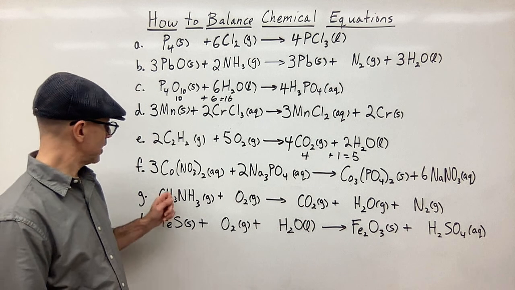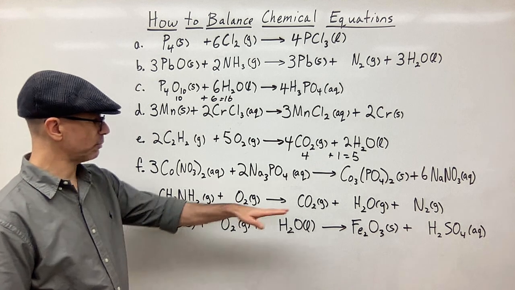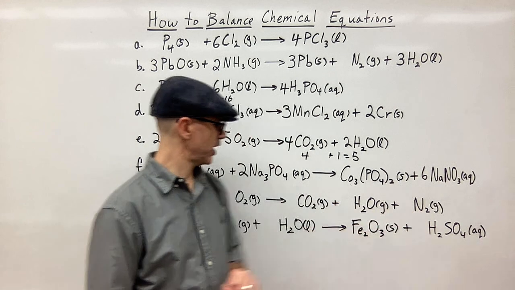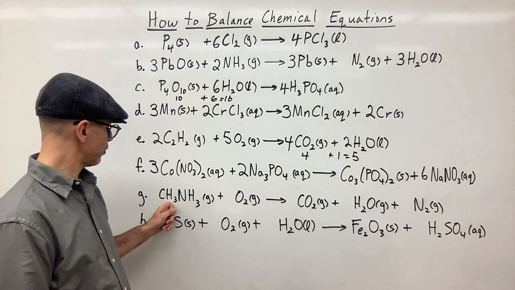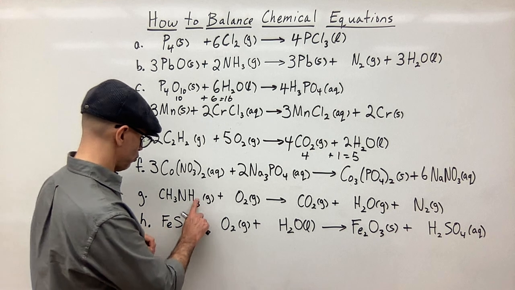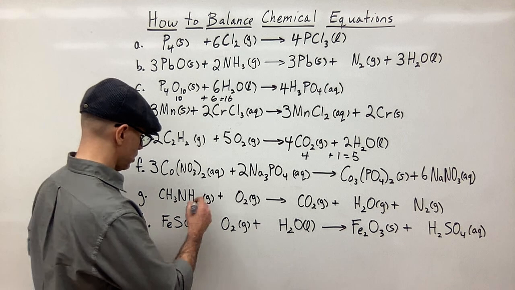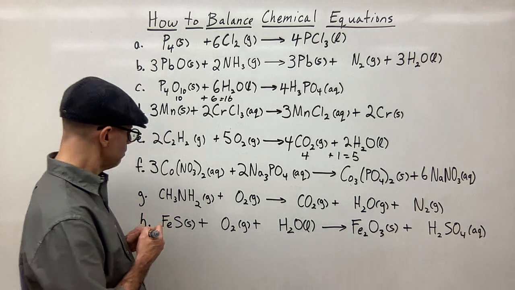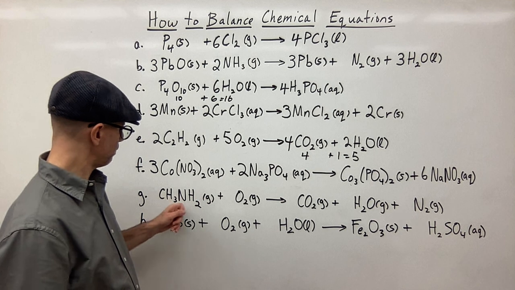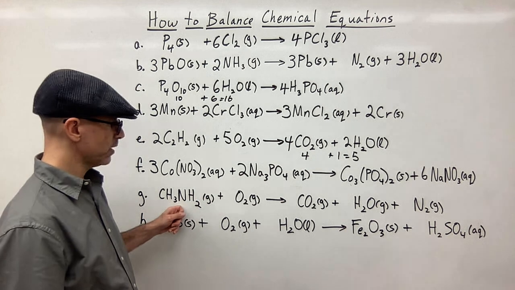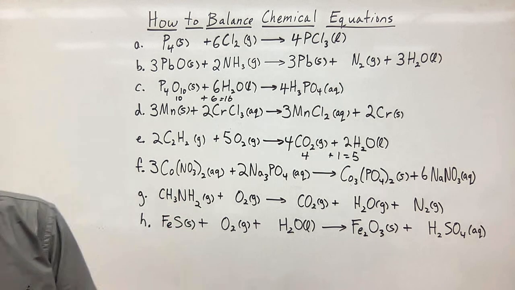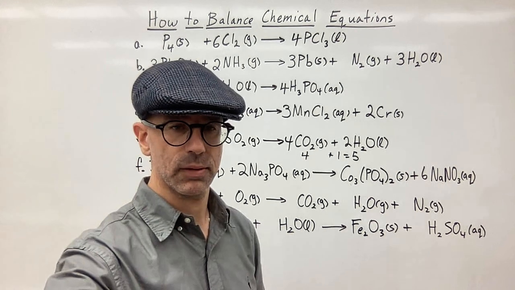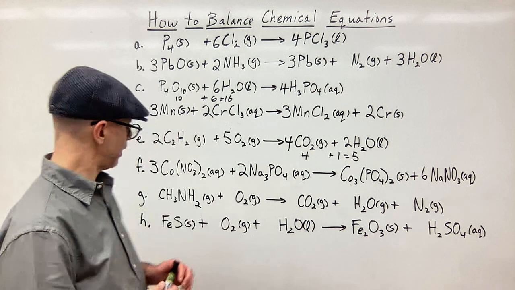Next is nitrogen. But nitrogen I'm leaving for last because I have nitrogen here. Hydrogen I'm going to balance. So here I have 3. Oops, this should be a 2. So I have 3 plus 2 is 5. So I have 5 on this side. Let me double check this for a moment. All right, yeah.